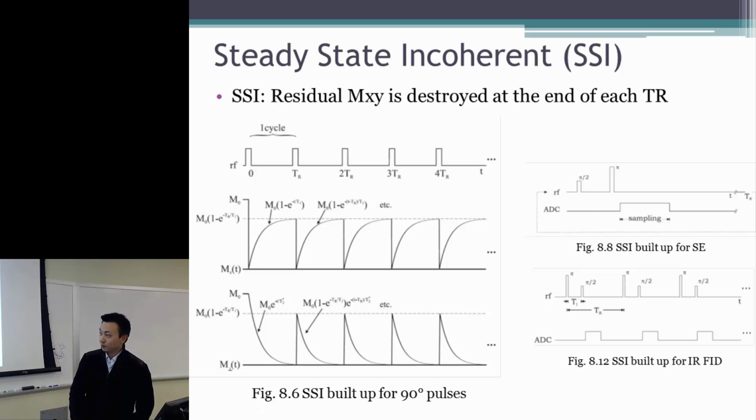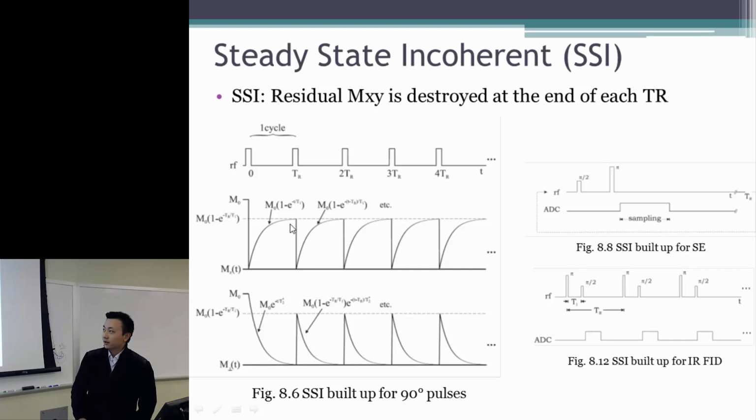First of all, all the magnetization is tipped to the transverse plane, so we have the initial magnetization the same as the equilibrium. And then it will start to slowly decay due to the T2 or T2 star decay.